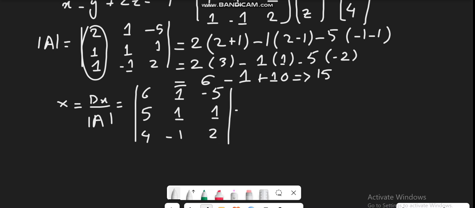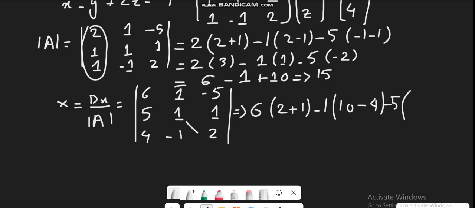Now let's simplify it from the first row. I will have 6, then inside the bracket 2 into 1 is 2, then minus minus plus 1, then minus 1. Then I will have 5 into 2 is 10 and minus 4. The last entry will be 5, so you will have minus 5 and then minus 4.